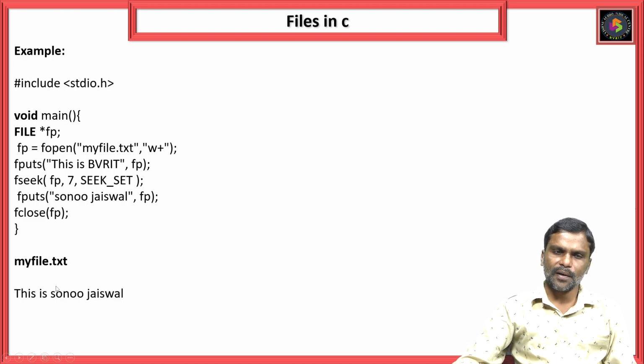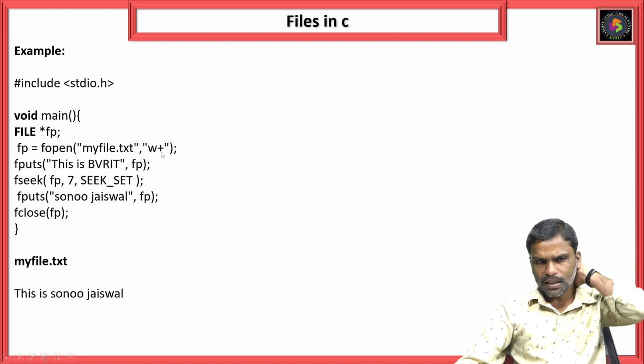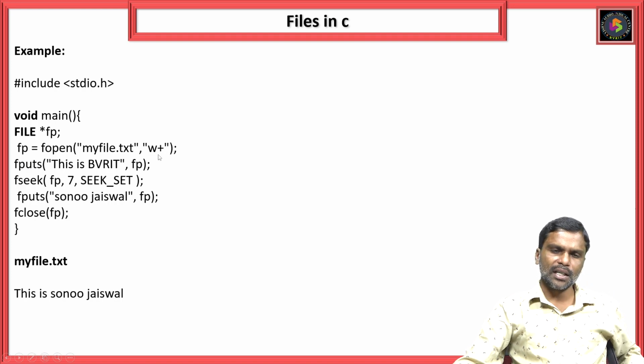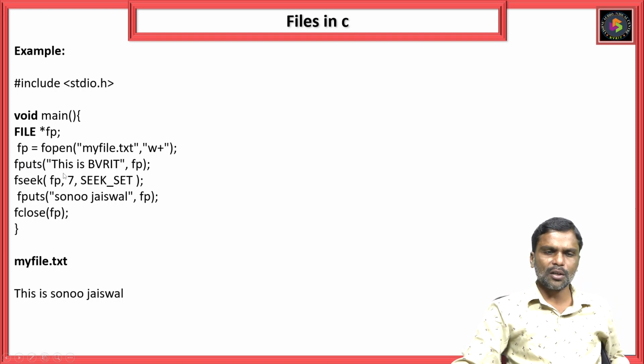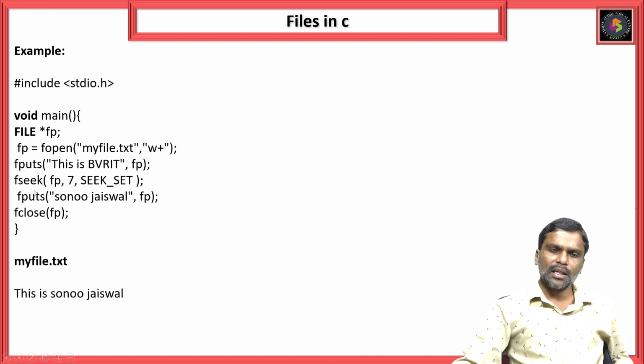This is the declaration of the file. Then this is the opening of the file for reading and writing, and this mode indicates writing, so we have taken it here to write. This is the BVRIT. No format specifiers are used because we are not using printf here. We are using fputs or fputc. Similarly, we perform the fseek function here: 7 is the position, and it should move from the beginning, because SEEK_SET is nothing but the value 0, from the 0th position.